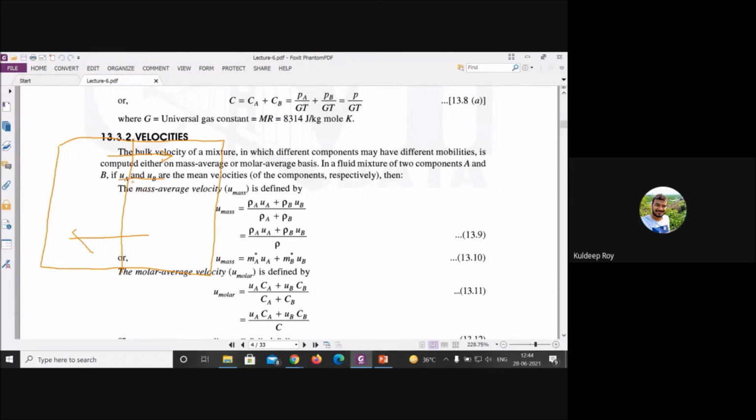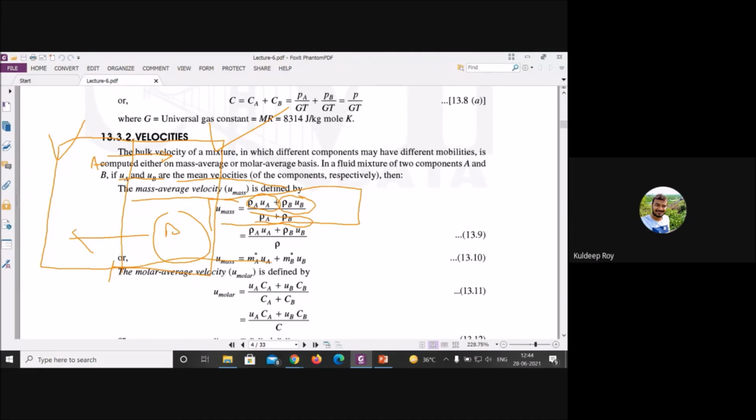Now you can see here we have mentioned UA, UB are the mean velocities. You have to determine the average velocity. If one molecule transports from compartment A to compartment B, there will be different density as well, because liquid has different density and gas has different density. So you have to multiply velocity by density, plus velocity of gas or liquid multiplied by density, divided by the sum of total density. This will give the average mass velocity. These are the formulas.